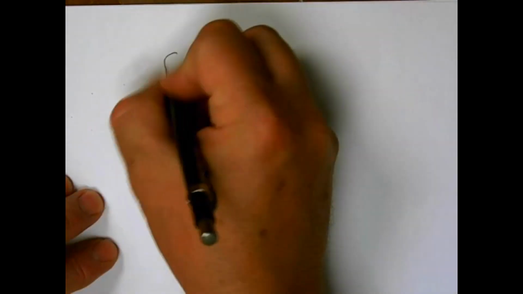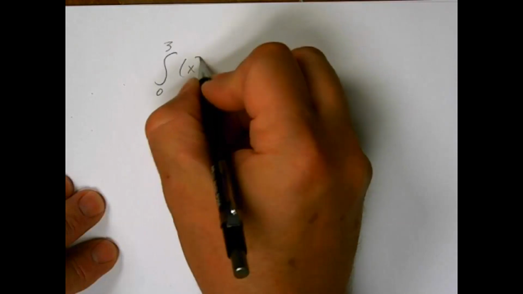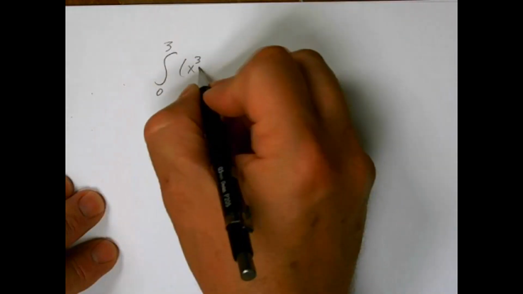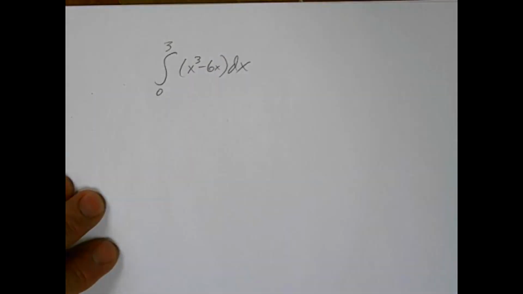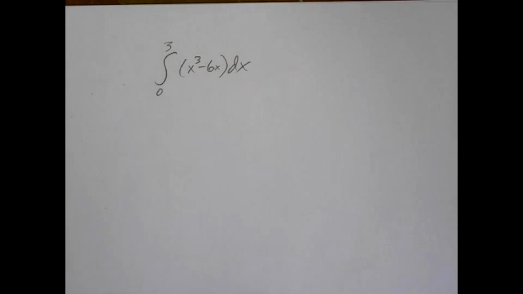But for now, we're going to go by the definition, and we're going to integrate from 0 to 3. The function that we will integrate is x cubed minus 6x, and we will be integrating with respect to x. All right, so how should we interpret our answer? The answer will be numerical, but how should I interpret that number?